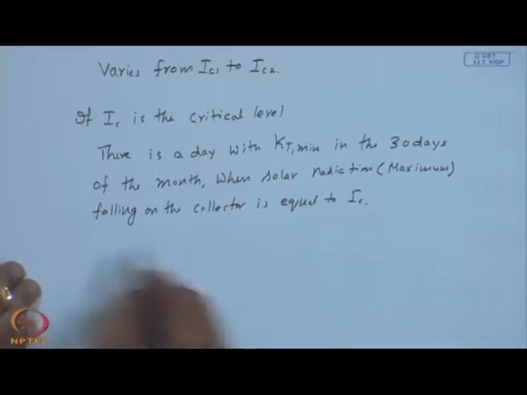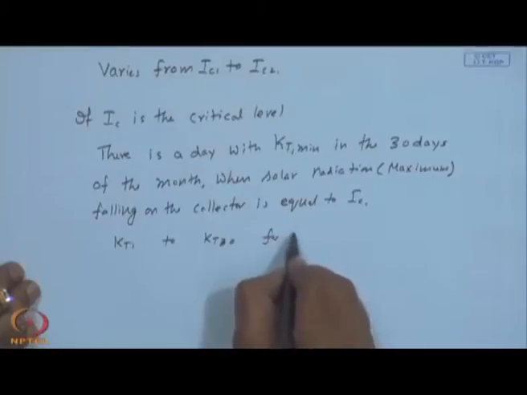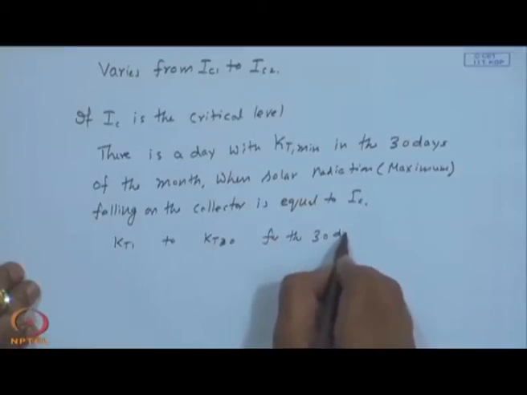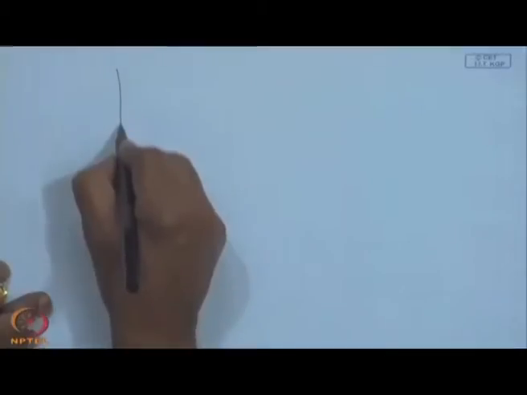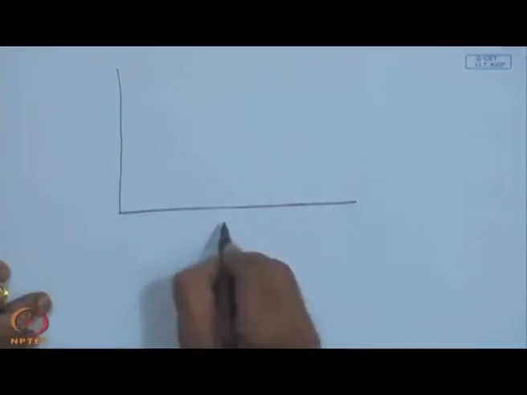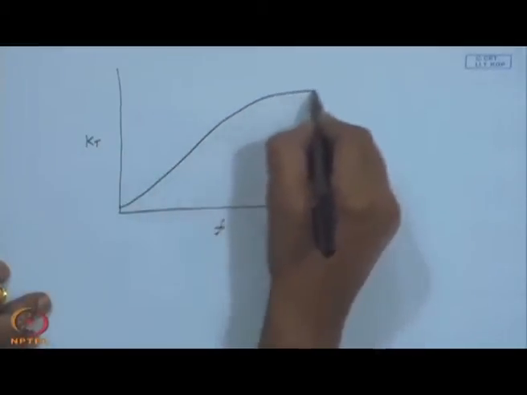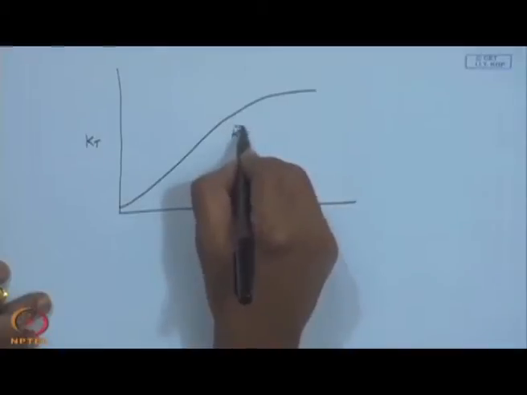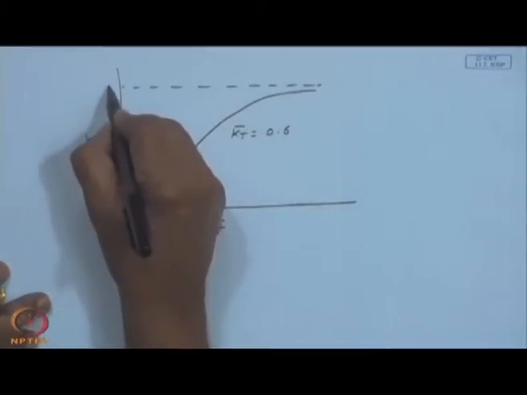So, this maximum can be at noon time. In other words, if I have got KT 1 to KT 30 for the 30 days, whose distribution is according to the Liu and Jordan curves, cumulative frequency versus KT, for a given KT bar equal to say 0.6, this is approximately 1.